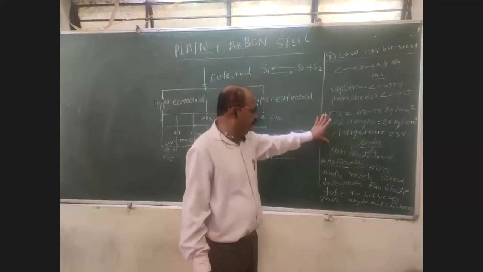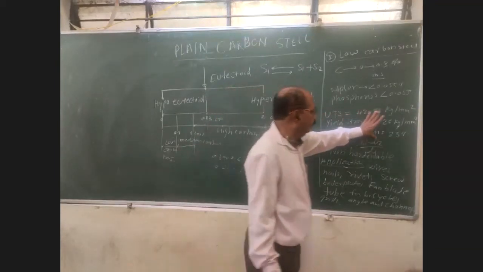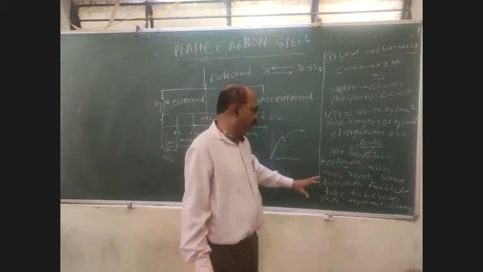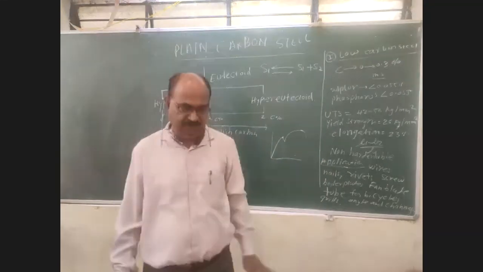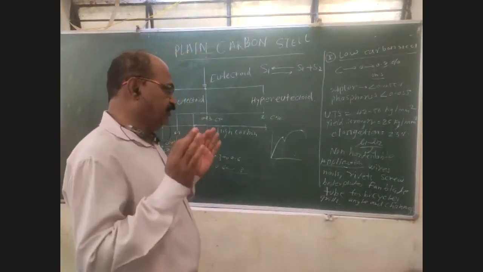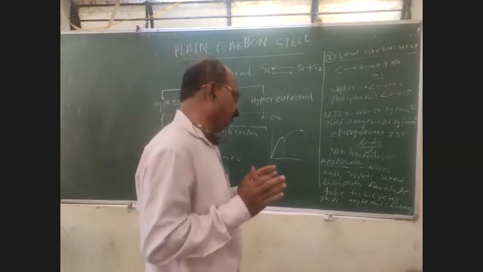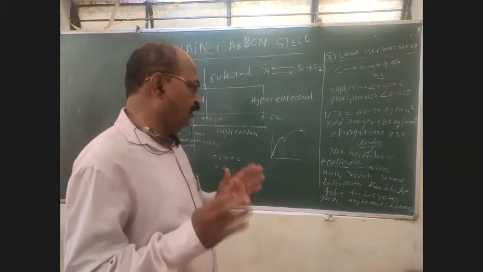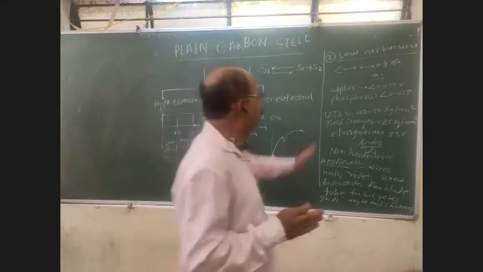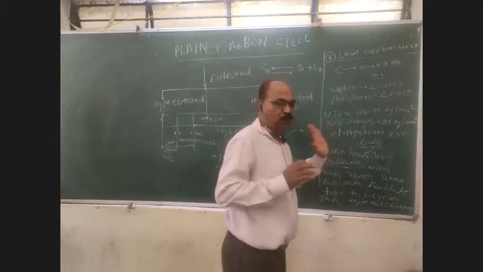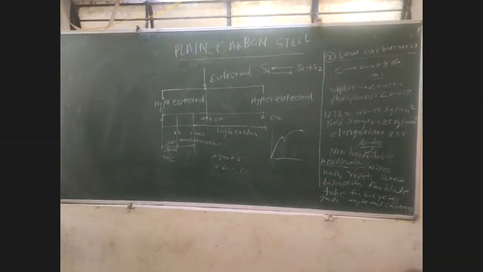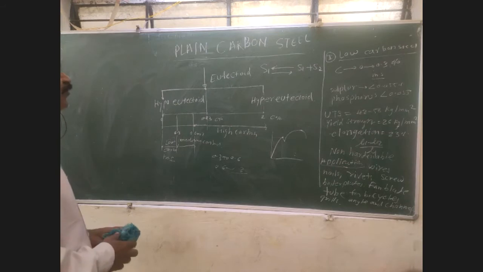These three are the mechanical properties for this steel, and it is non-hardenable. Where can we use this steel? In our normal life: grills, channels, bicycle tubes, fan blades, boiler plate, rivets, small screws or nails. For this purpose, we can use low carbon steel. So up to here, we have cleared all these things.